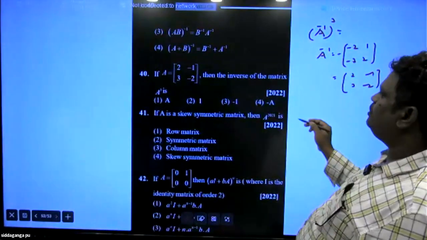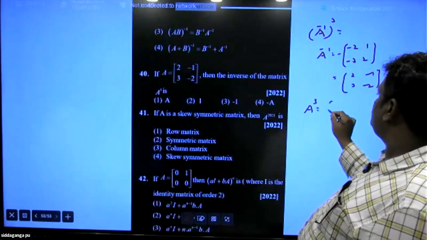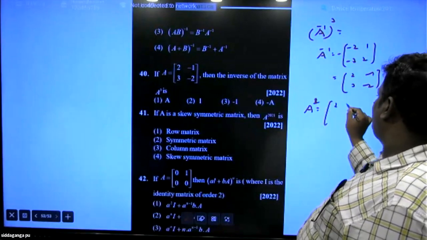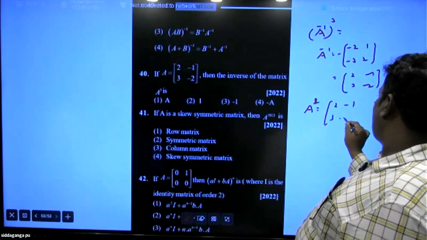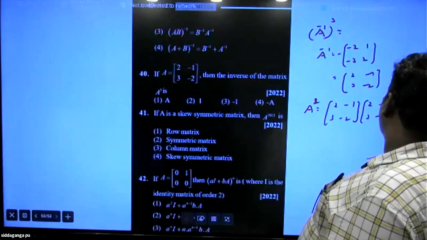So we need to find A cube. First we calculate A square: 2, minus 1, 3, minus 2 multiplied by 2, minus 1, 3, minus 2.